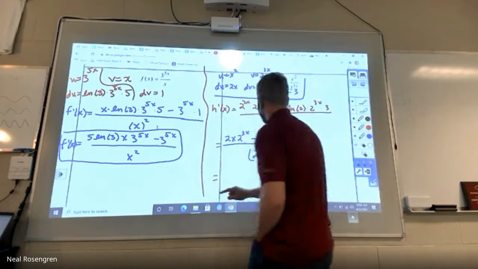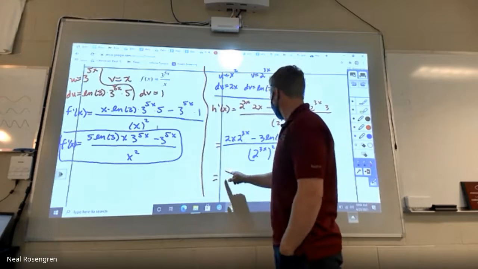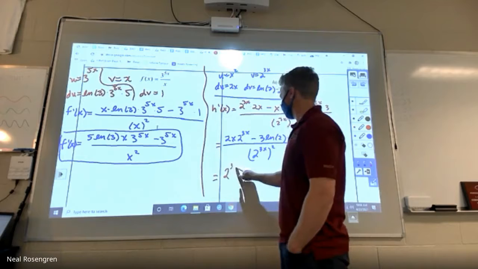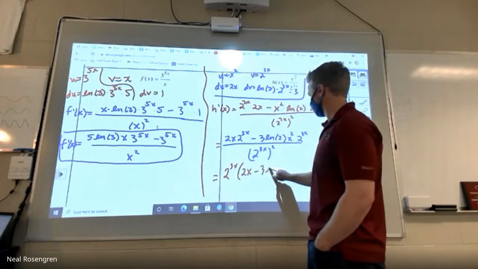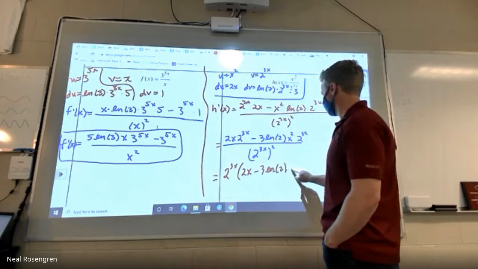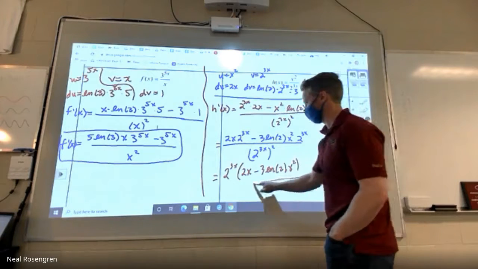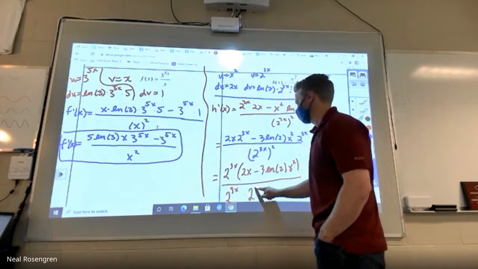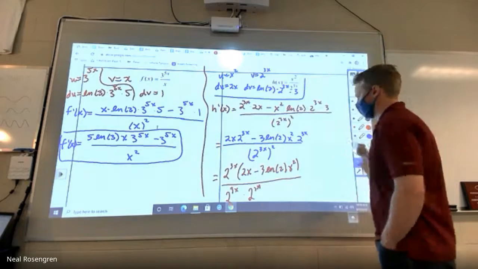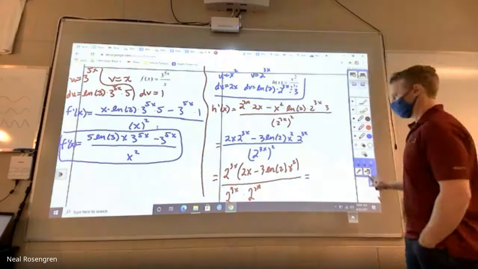Factoring here is going to help me simplify. Pull out 2 to the 3x. Here, pull out 2 to the 3x from here. Let's do it the bottom way.